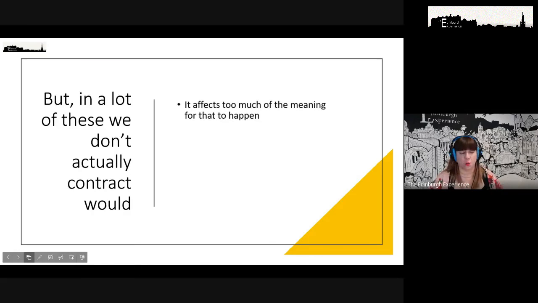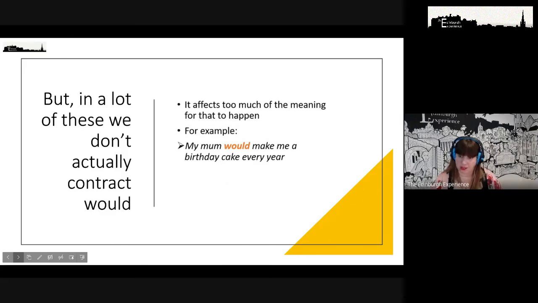However, in a lot of these examples, we will not actually contract would. And that's because would has too much of an effect on the meaning. So remember that when a word changes the meaning, we normally make sure to emphasize it when we're speaking in English. For example, here are some examples where that would not happen. My mum would make me a birthday cake every year, because that's expressing the idea of past habit, okay?